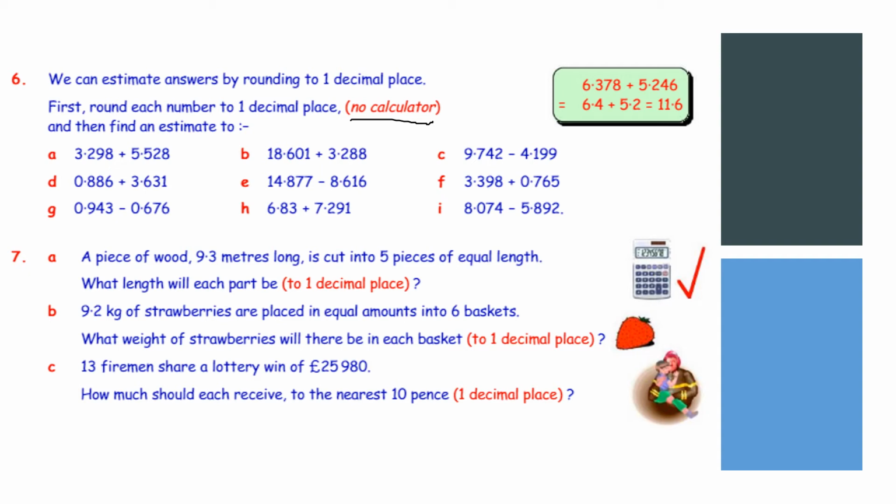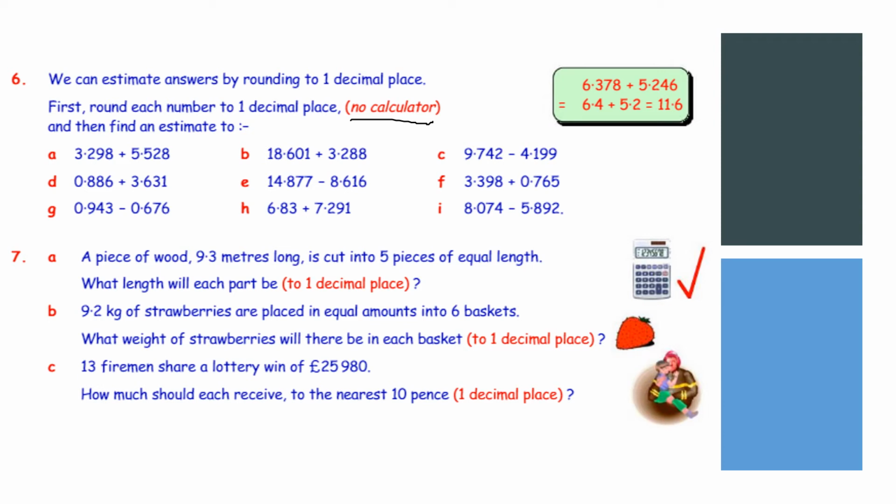So for example, 3.298 rounded to the first decimal place would be 3.3. And then 5.528 rounded to the first decimal place is 5.5. So your sum is basically 3.3 add 5.5, which is dead easy, 8.8. Okay, and that is what you do.